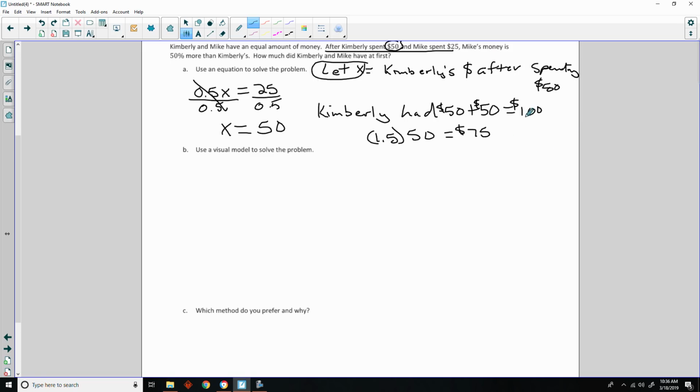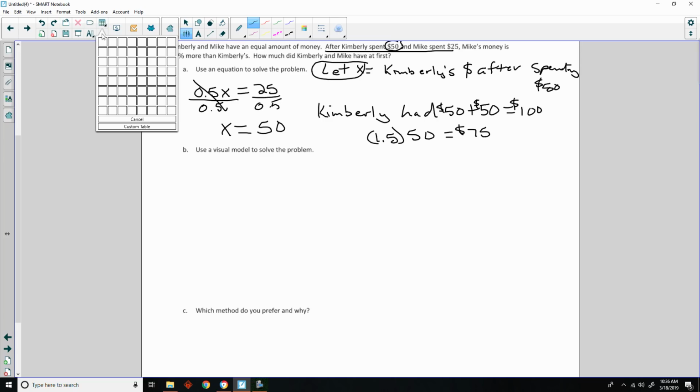So using a visual model, like we did in the first two problems, we want to determine how many squares we're going to use. So we're talking about two people, and the percentage is 50%, 100%, 150%.